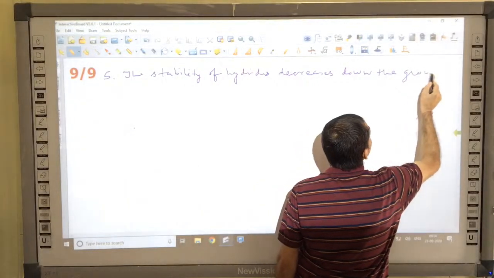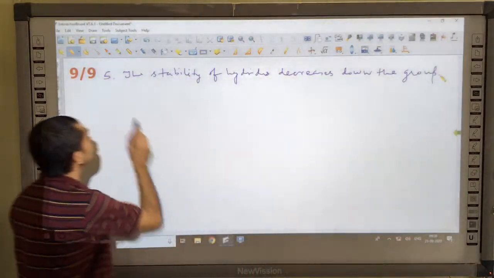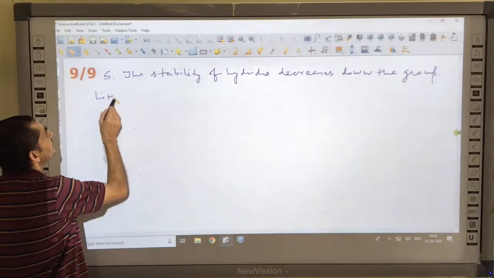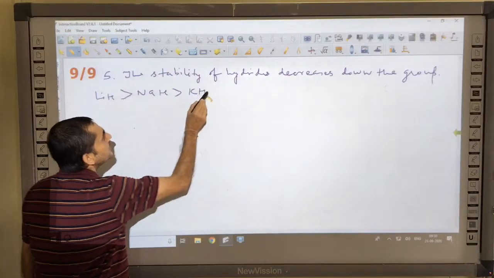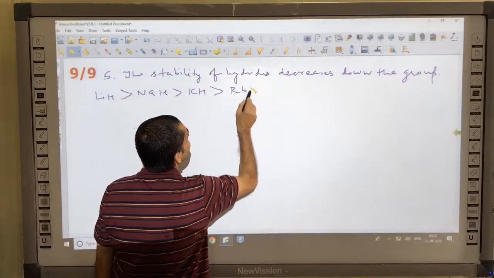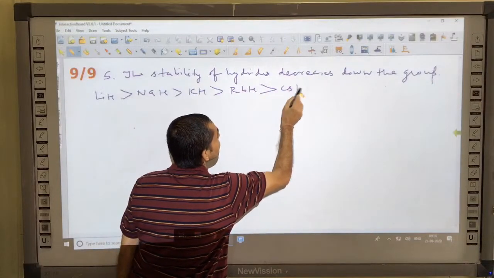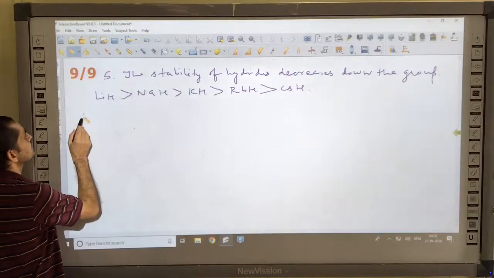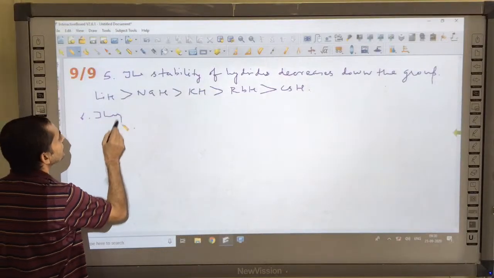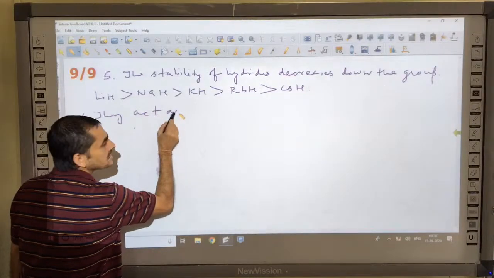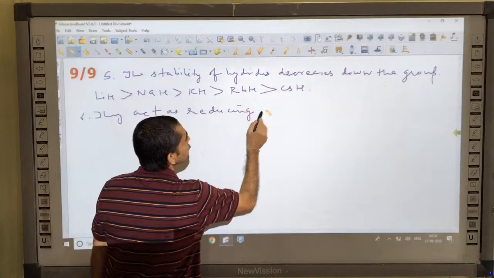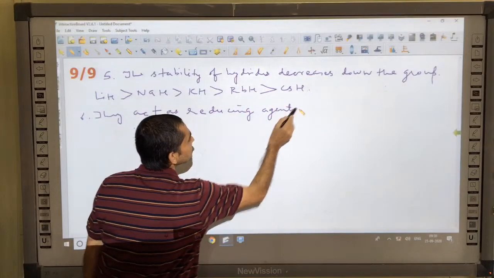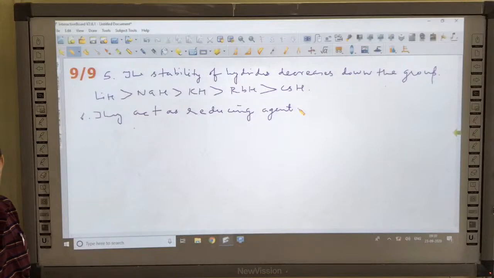Lithium hydride will be more stable than sodium hydride, potassium hydride, rubidium hydride, and the least stable will be cesium hydride. Number 6, they act as reducing agents. All these hydrides act as reducing agents, means they can donate their hydrogen atom. So this is all about ionic hydride.